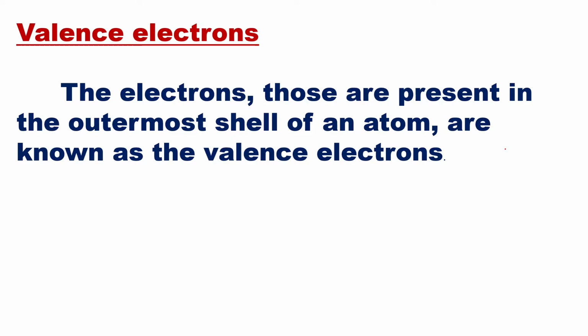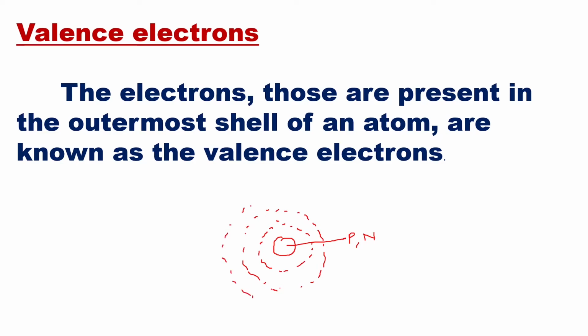Now after this, we want to know what valence electrons are. If you see any atomic structure, as we have seen earlier, we will have a nucleus. In that nucleus, you'll have protons and neutrons. And around the nucleus, we'll have orbits. You can have 2 orbits, 3 orbits, 4 orbits, depending upon the material.